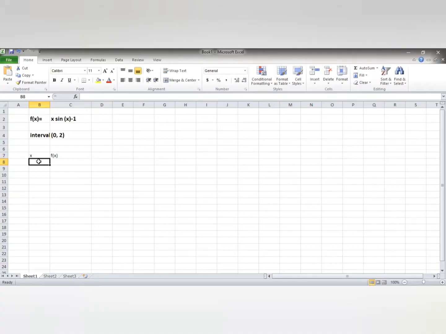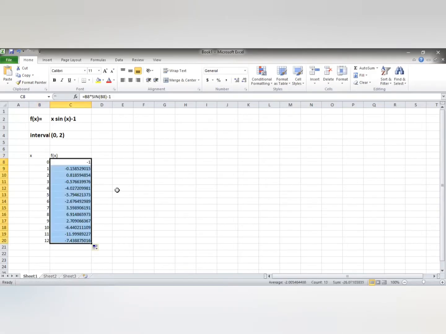Let's say if our x is equal to 0, our function will be x times sine x minus 1. So I need to write the formula in order for me to drag the cell, and this will also give automatically the values of the function of x.